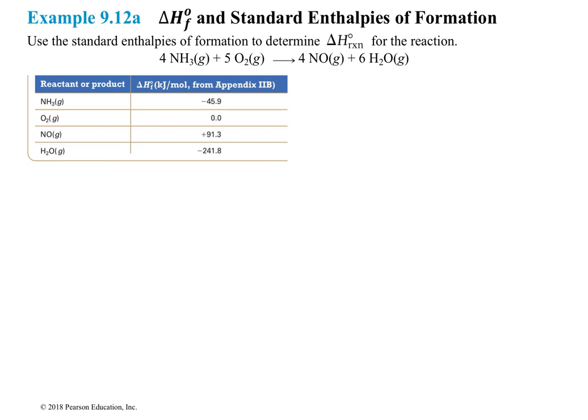So let's practice. Here I want to find the enthalpy of reaction for this reaction the way it is written. So delta H reaction is going to be products minus reactants. So I have 4 times the enthalpy of NO, plus 6 times the enthalpy of water, minus 4 times the enthalpy of ammonia plus 5 times the enthalpy of oxygen.